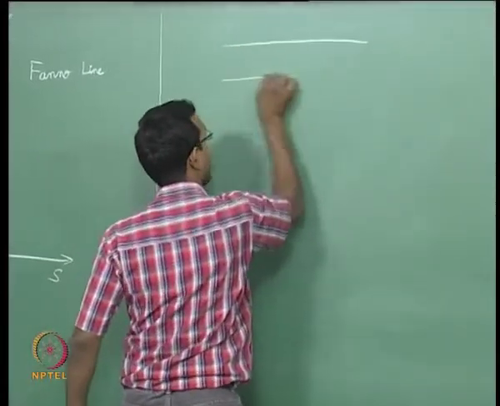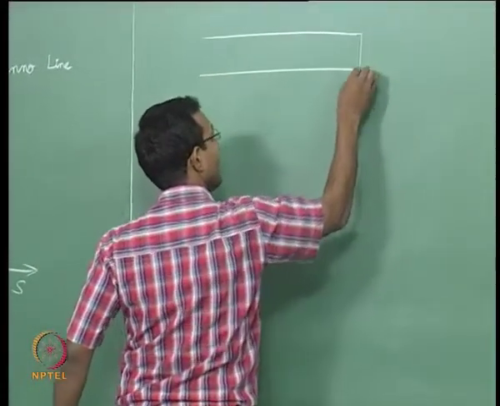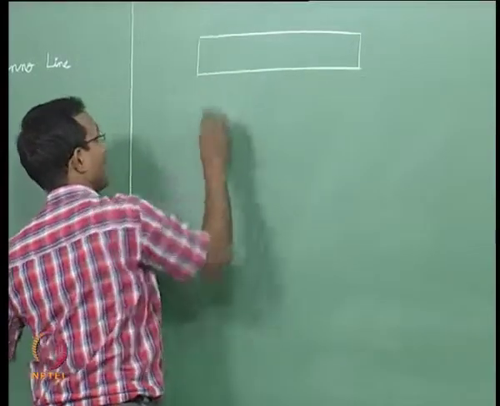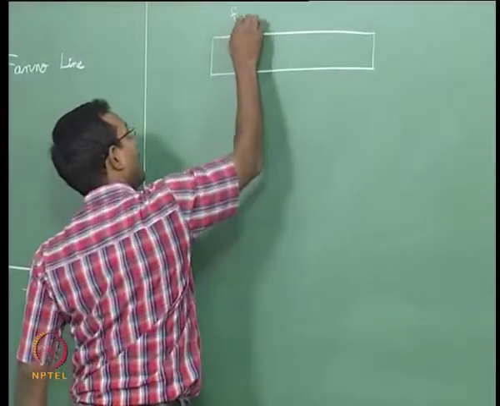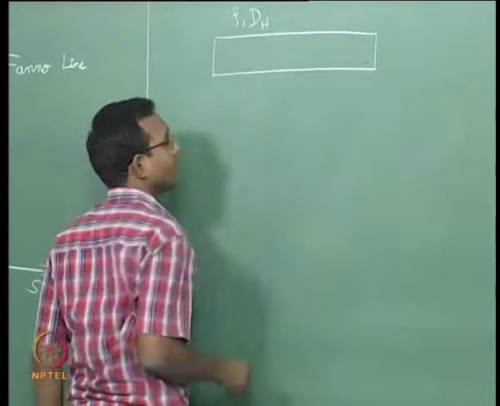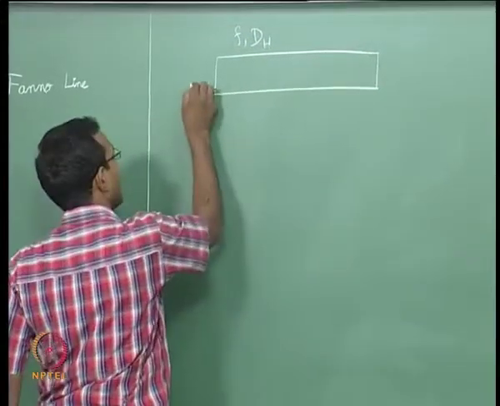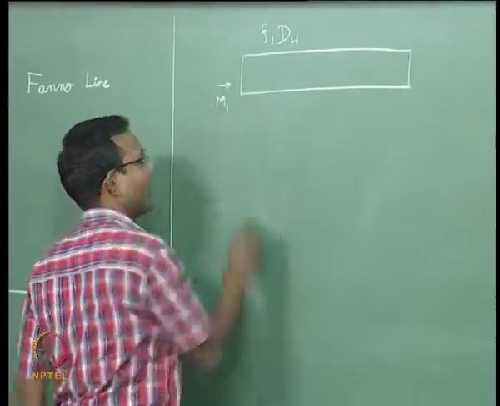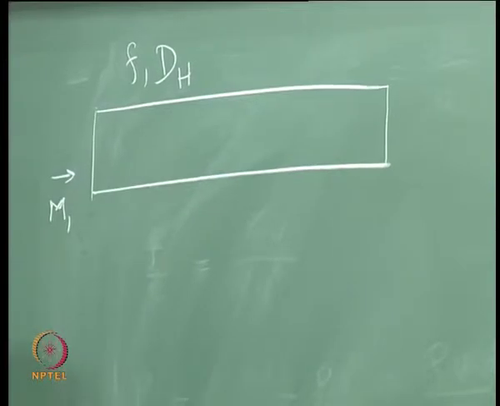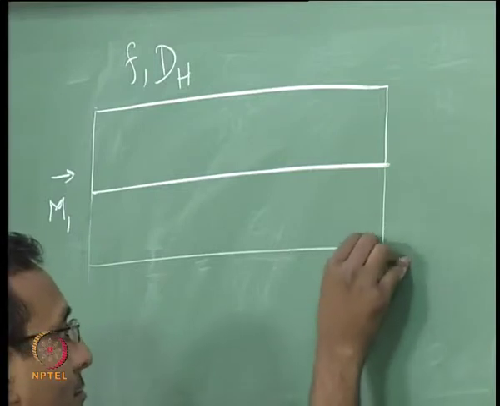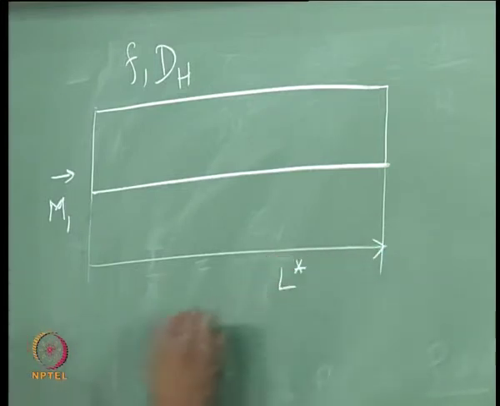So I am going to say I have some particular duct with a particular f and a particular D_h. And I have a particular M1 here. I do not care if it is subsonic or supersonic, both have an L star. Let us say this is my L star for this particular M1.